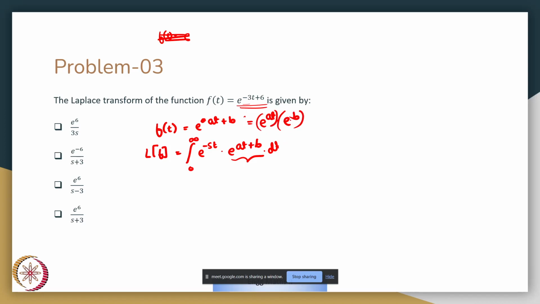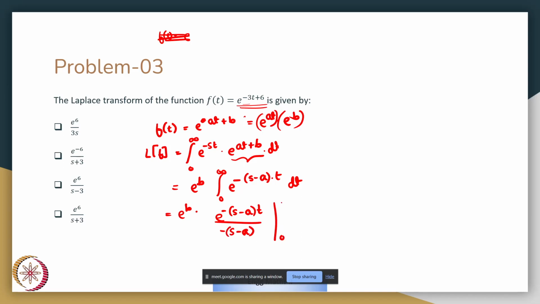Now e raised to b is independent of time t, so it can be brought outside of the integration, and we would get something like e raised to b integral 0 to infinity e raised to minus of (s minus a) t dt, which would look like e raised to b times e raised to minus of (s minus a) t upon minus of (s minus a) from 0 to infinity.